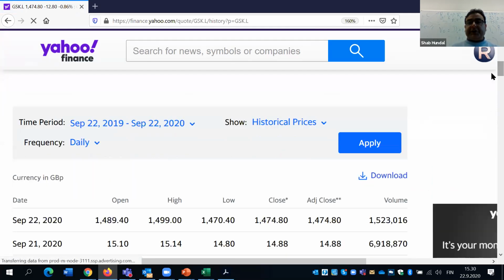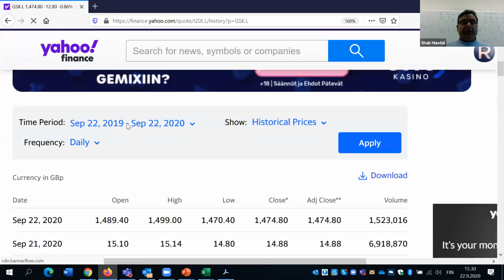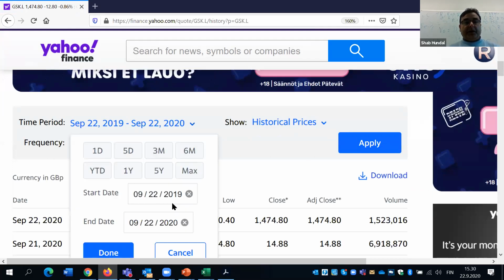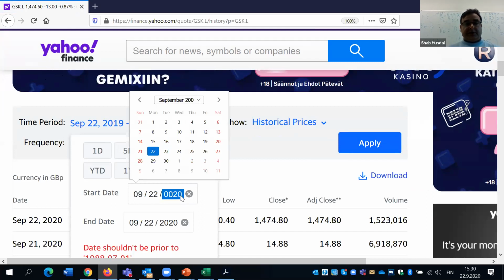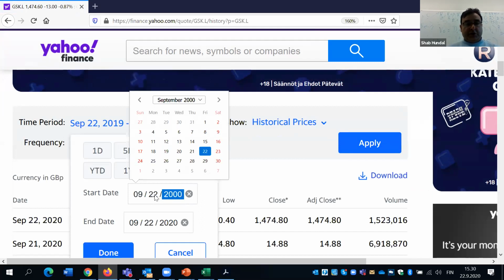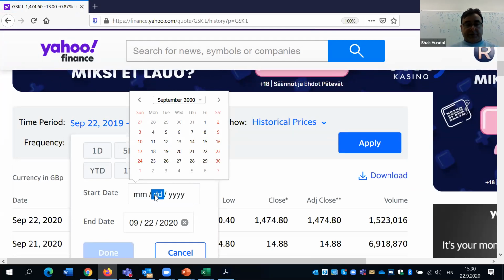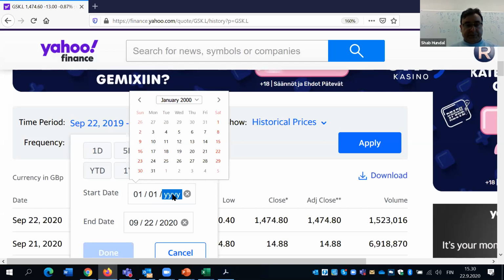And when you see the historical prices, you can change the date, by the way. For example, if you want to get the data of not 2019, but let's say 22nd of September, 1st of 01, 2000.